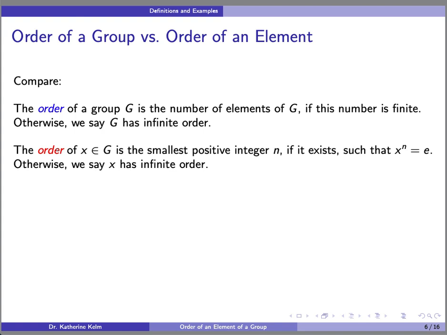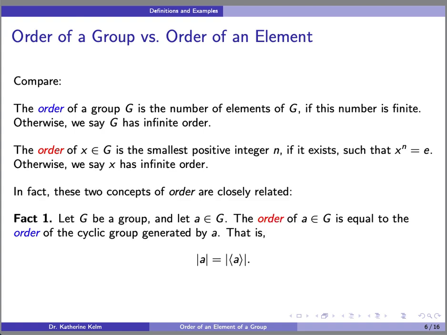And otherwise we say x has infinite order. So why would we use this same word, order, for two seemingly very different things? Well, it turns out that these concepts are closely related. And that brings us to our first fact.